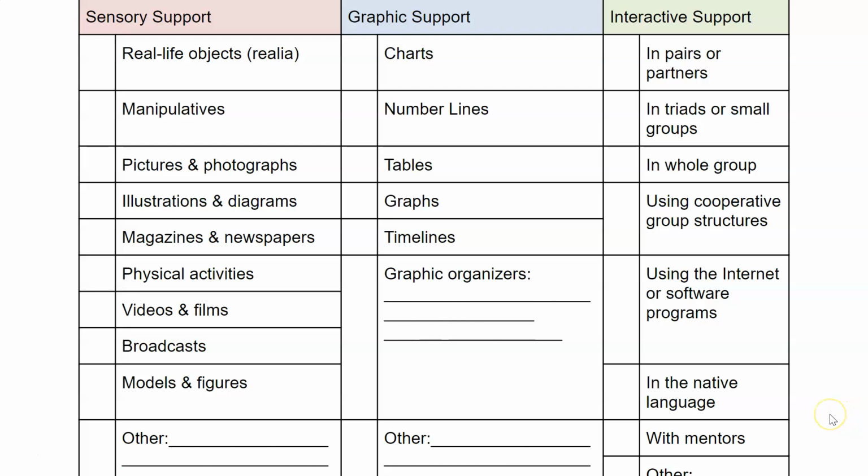Now, you don't want to have 10 of these checked. You want to be very specific. Are you going to bring in some real life objects? Then you would check that. Are you going to use any types of graphs, any type of graphic organizers? Anything that can help the students comprehend or understand the lesson more.